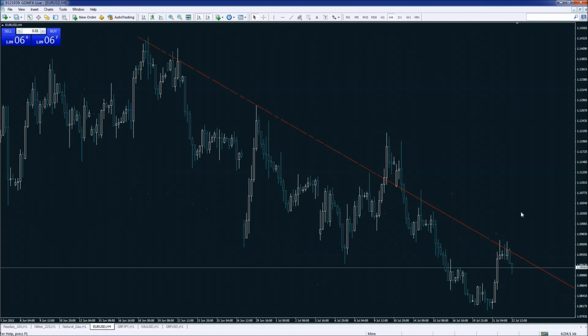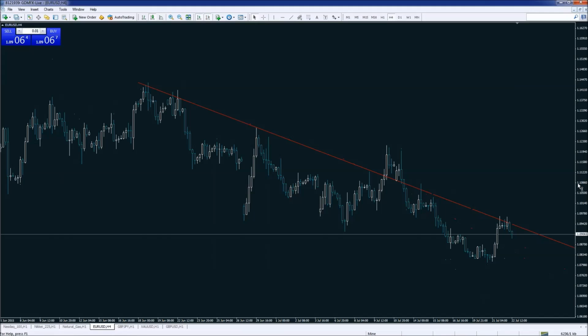Second of all, when you squeeze it down to a 4-hour chart, you will see that the main trend is not really breached, but rather you have a fake breakout over here.